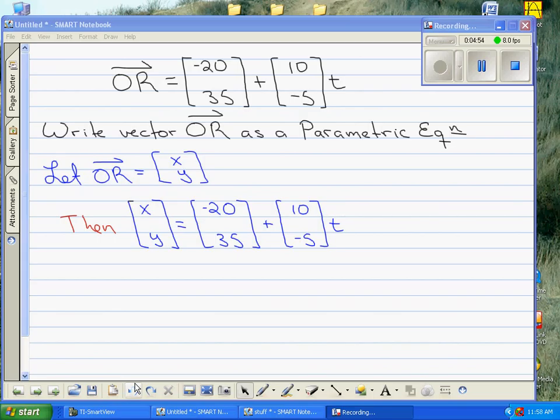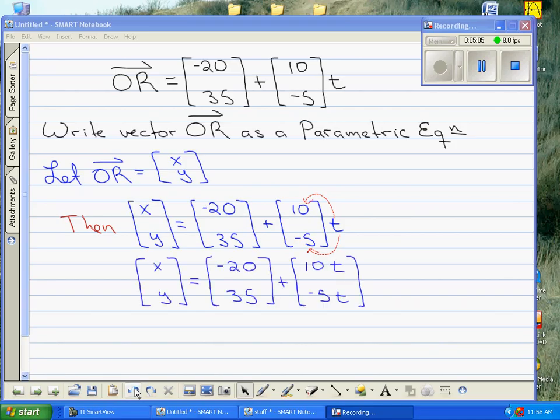Now again, the first thing I do is distribute the t to the x component and to the y component, which yields this next equation: XY is equal to vector negative 20, 35 plus vector 10t, negative 5t. Now, separating it, I let the x component of my vector equal the x component.